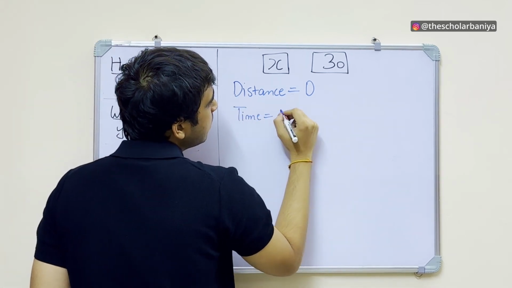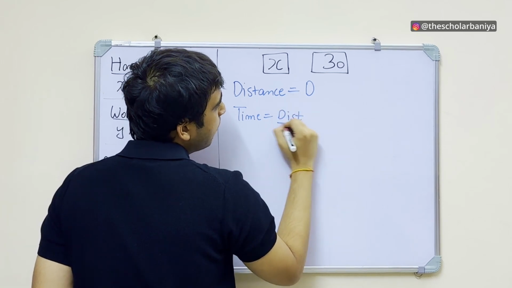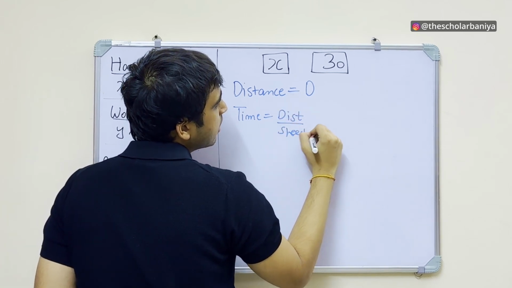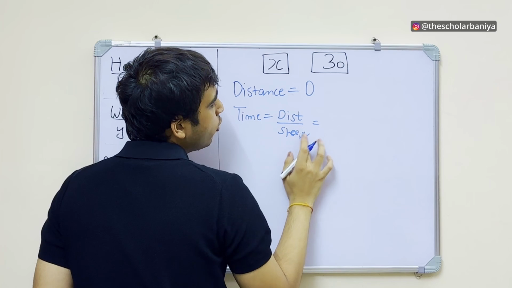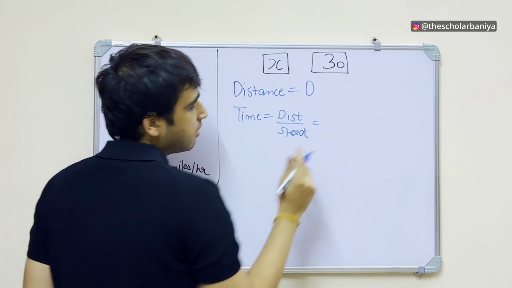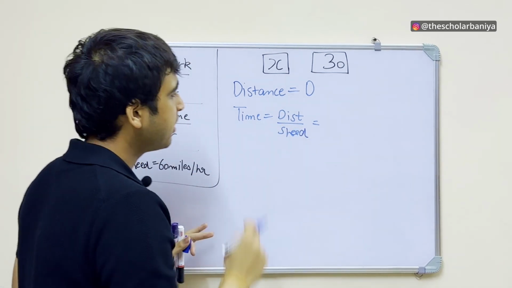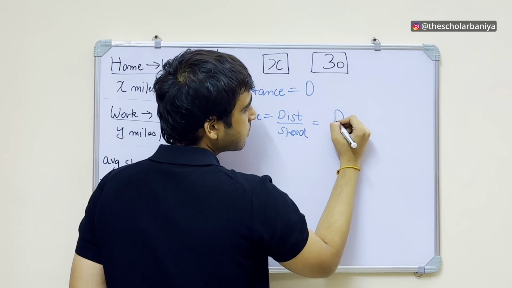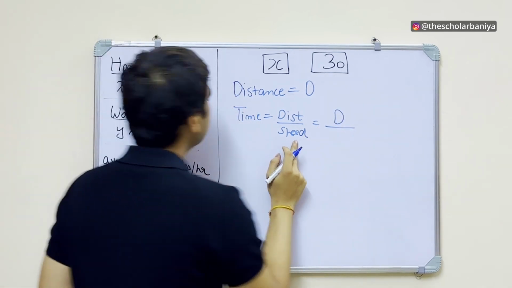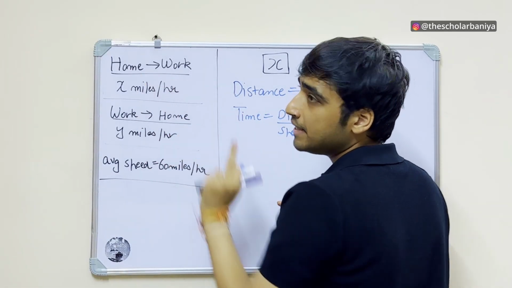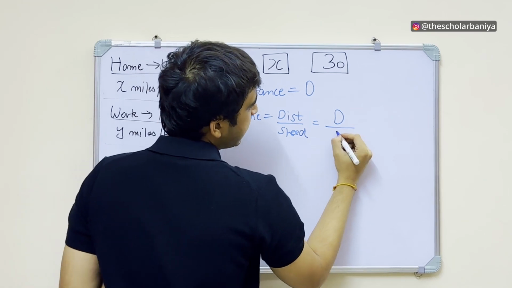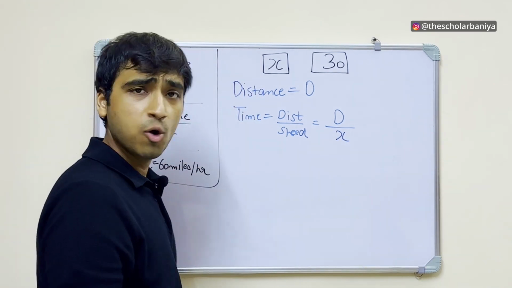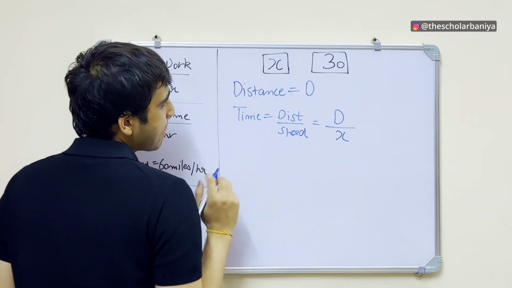Time is distance upon speed. Going from home to work, the distance is D and the speed is X.